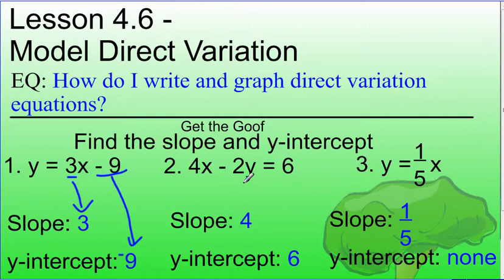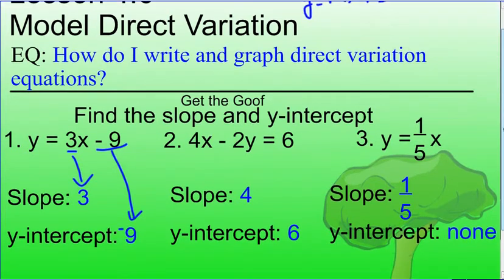Number 2, you cannot just say that that is the slope and that's the intercept. It's not always just the thing next to the x. This has to be written as slope-intercept form first, so it has to be written as y equals mx plus b. It's not. This does not have the y equals and everything else on the other side.